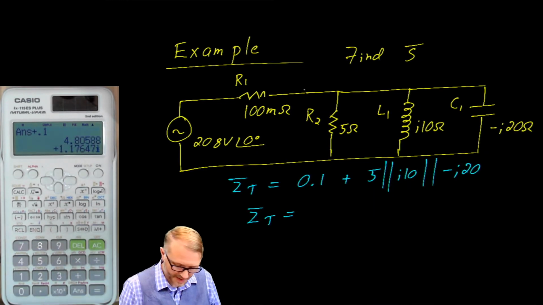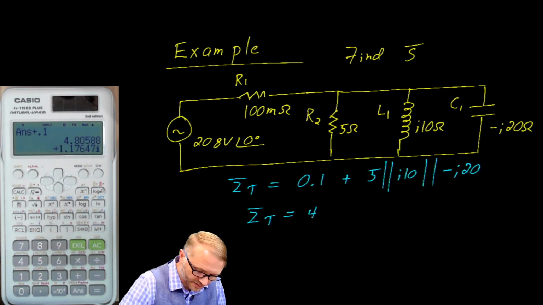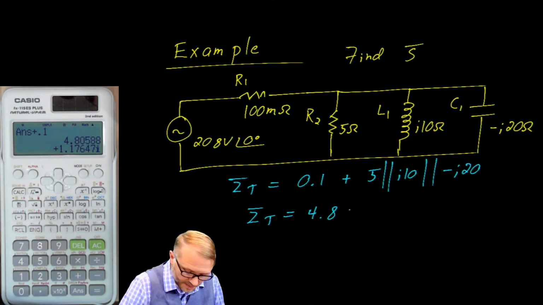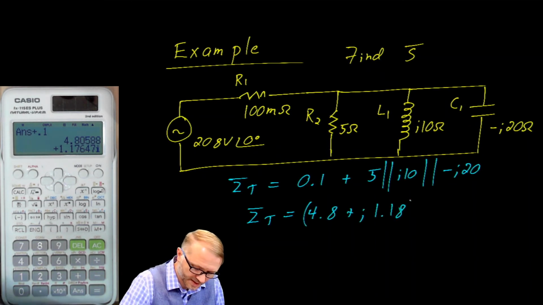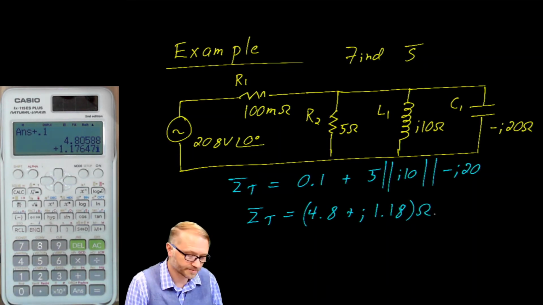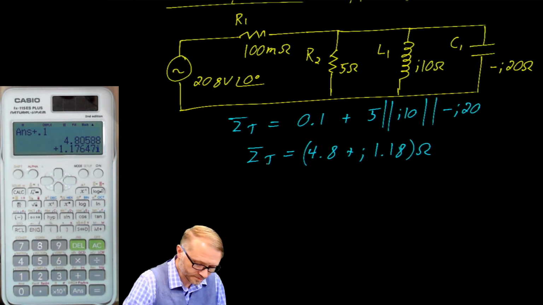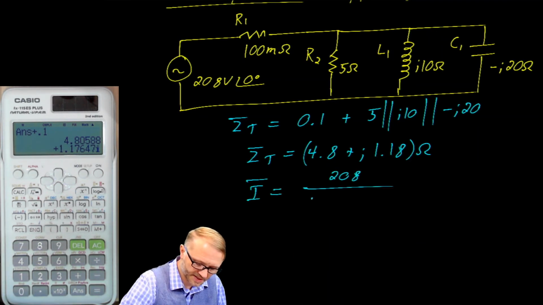There we go. That is the total impedance. So 4.8 plus j1.18, and that is in ohms. The current is equal to the voltage, so 208 divided by the impedance.